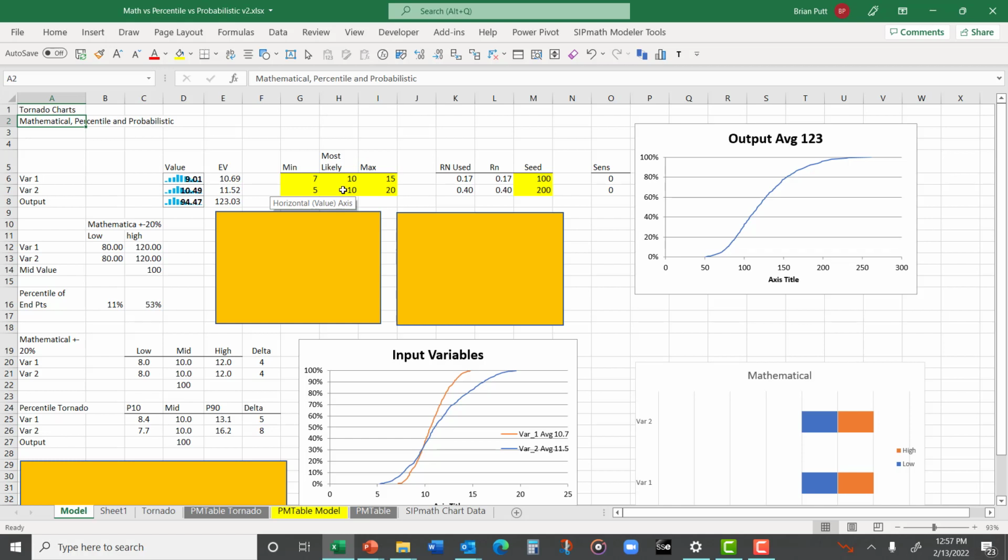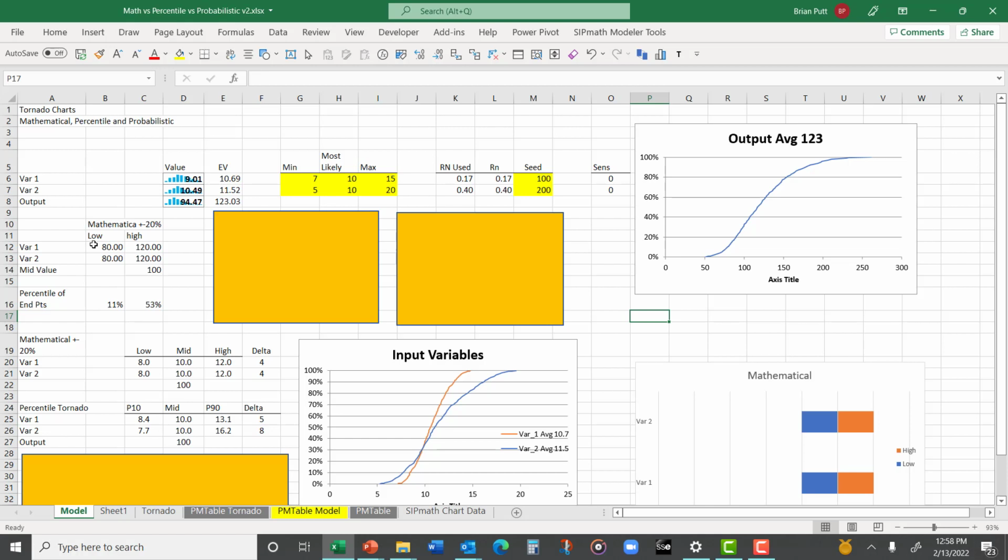And therefore, in the mathematical tornado chart, this center line, which I said was 100, is simply multiplying these two variables together. And if I take a mathematical sensitivity of plus and minus 20%, that means the low is 80% and high is 120% for both variables, I get the results shown here.